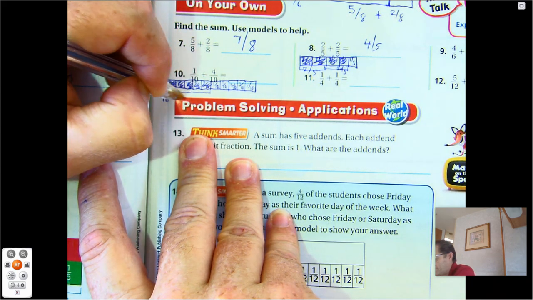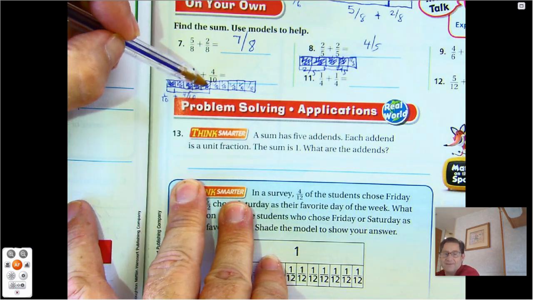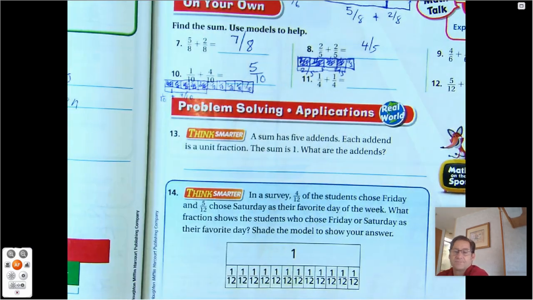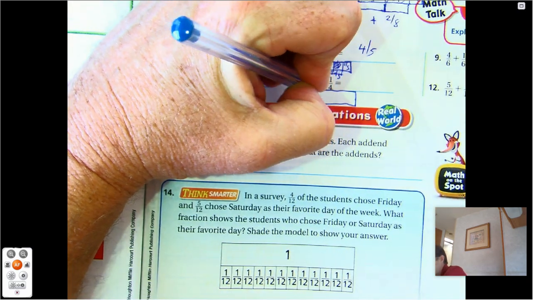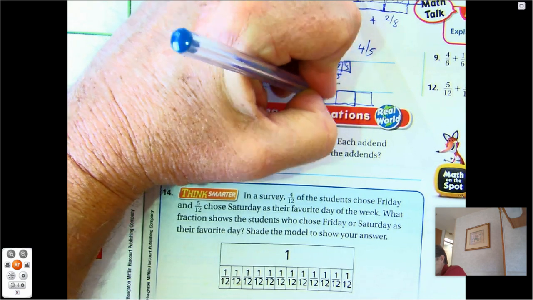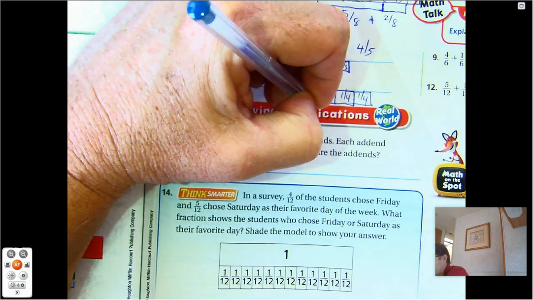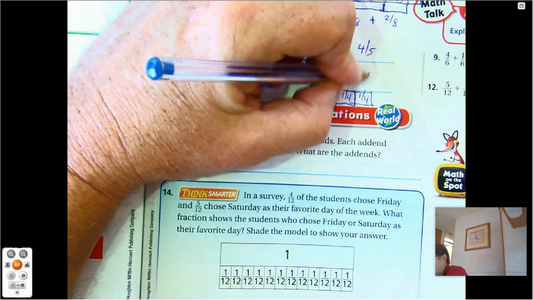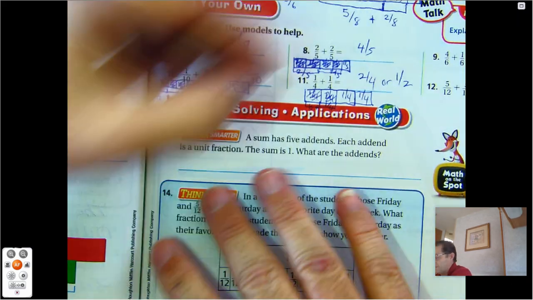So we have a total of 1, 2, 3, 4, 5 tenth size pieces for a total of 5/10. 1/4, 1/4, 1/4, 1/4. 1/4 plus 1/4, 2/4, or 1/2. 5/10 is also equal to 1/2.